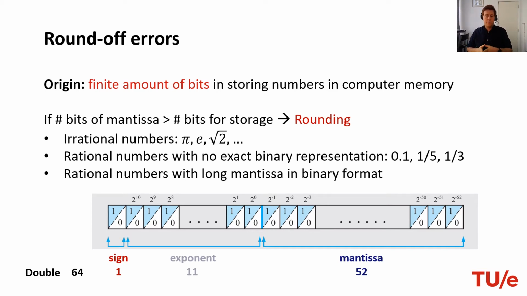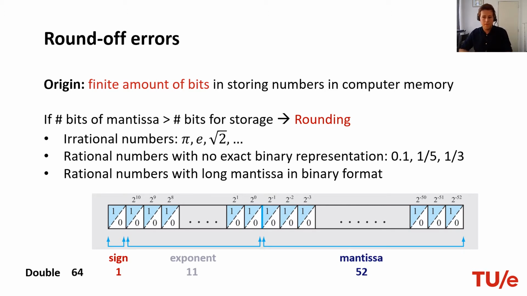Now, if the amount of bits necessary to represent the mantissa in binary format is larger than the amount of bits available for storing the number in the computer, then there's nothing else to do but round the mantissa such that the stored number is close to the actual mantissa, even though it cannot be equal.